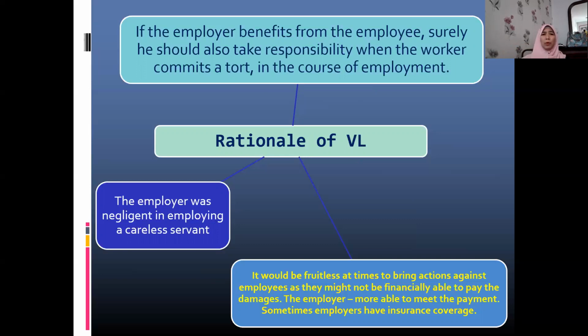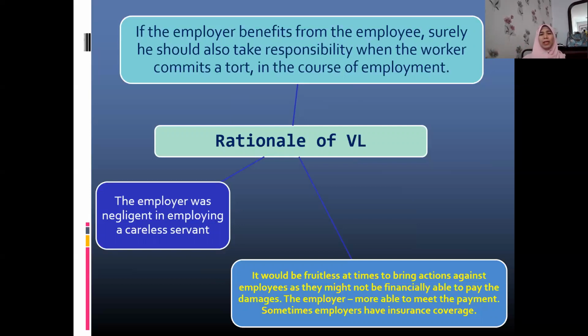Another important rationale is based on the deep pocket principle. Usually the employer is in a better position to pay the compensation towards the victim, the plaintiff. It will be fruitless, useless at times to bring actions against the employee, because they might not be financially able to pay the damages, especially if the amount of damages is huge.